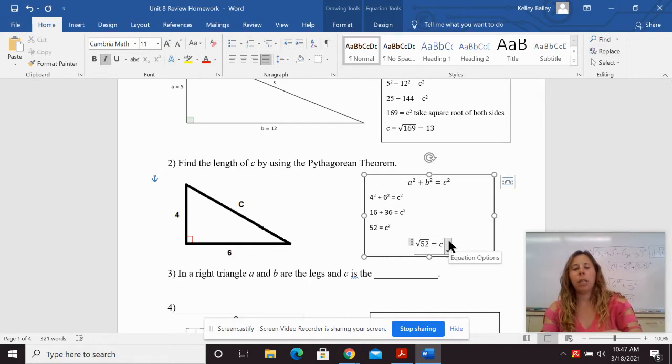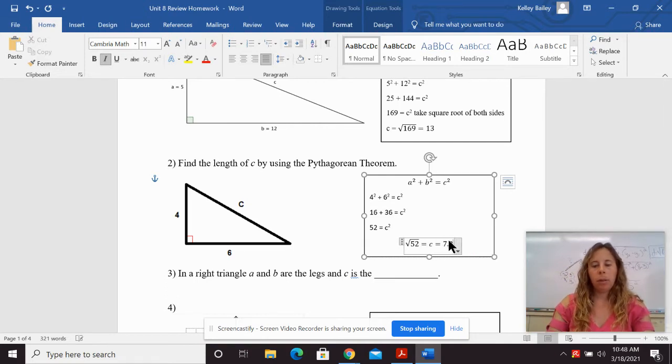If you want to change it into a decimal, let me do it. The square root of 52 will be 7 point something. 7.2 is good enough. So the length of this side is 7.2, or you can leave it as the square root of 52.